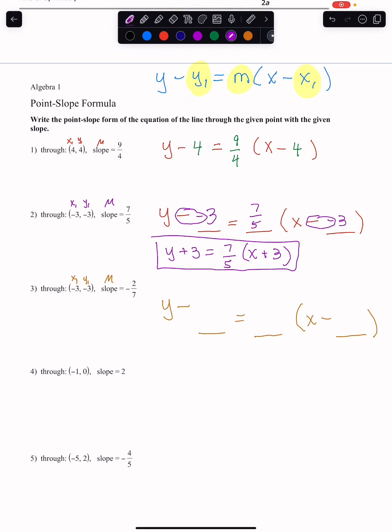Okay, so my y1, -3. My slope, -2/7. And my x1, which goes in the back, -3. And of course, I don't like double signs, so that becomes y plus 3 equals negative 2/7 x plus 3. Okay?